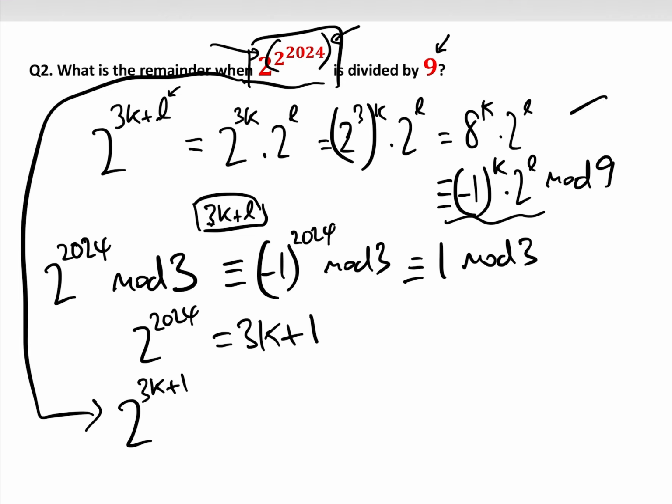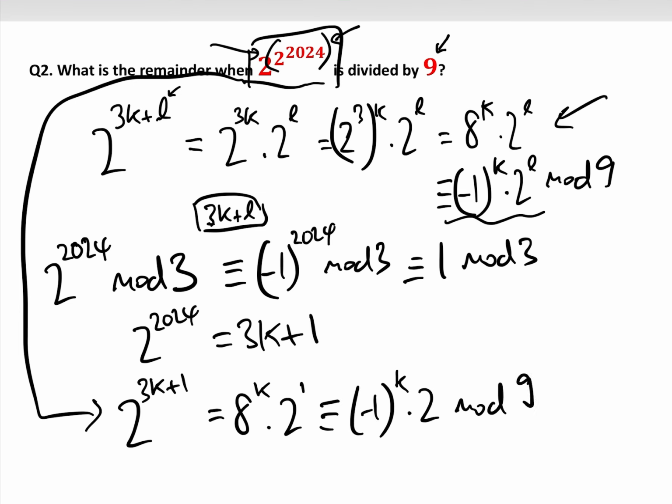Admittedly, 3k is large, and just like we said, that equals 8 to the power of k times 2 to the power of 1, which is 2. And when we take that, which equals minus 1 to the k times 2 mod 9, because 8 mod 9 is minus 1. Now, looking at this, 2 to the power of 2 to 2024 is obviously an even number.